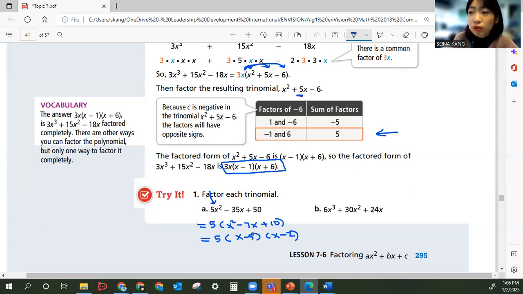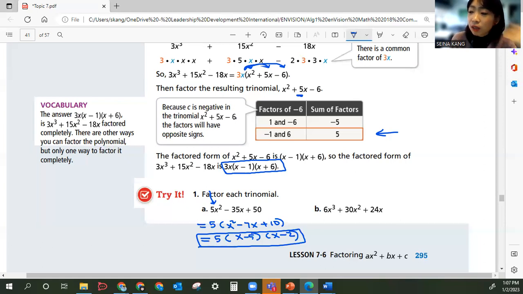So those should be your final answer for your factored form. Okay, you need to factor completely. If you factor out just 5, you're not done. You didn't factor the trinomial when it is still factorable. So you have to factor it completely when they tell you to factor each trinomial, okay?